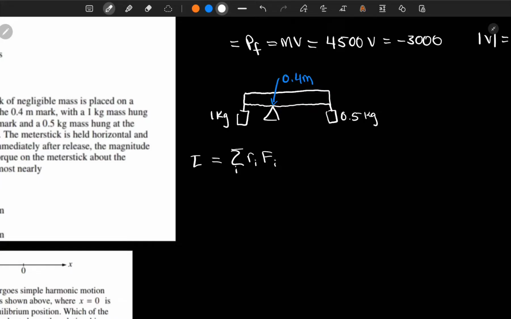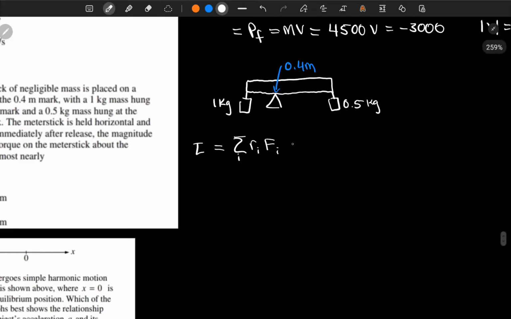So that's the 1 kilogram mass. So this is equal to 0.4 meters times the gravitational force of 1 kilogram, which is equal to 1 kilogram times g, which is 10.